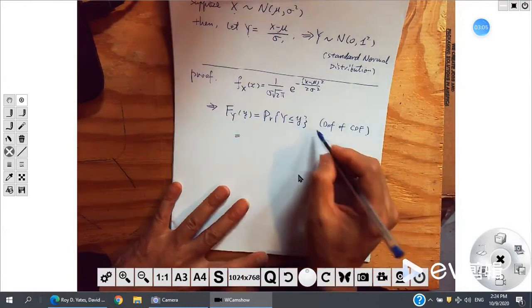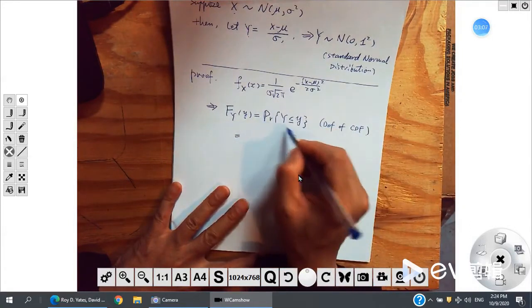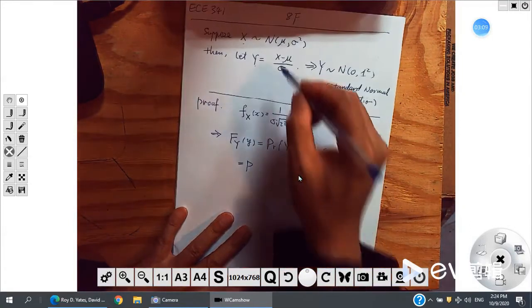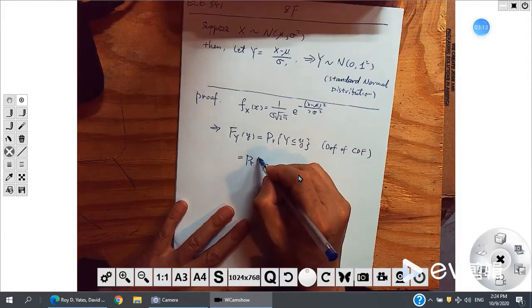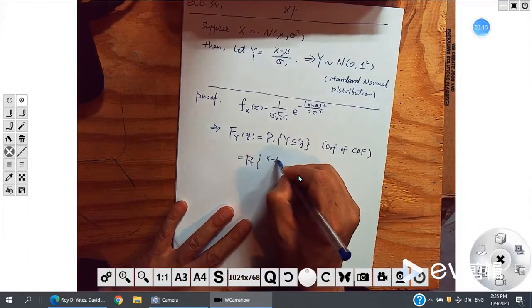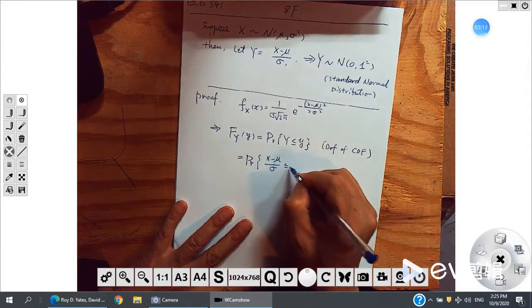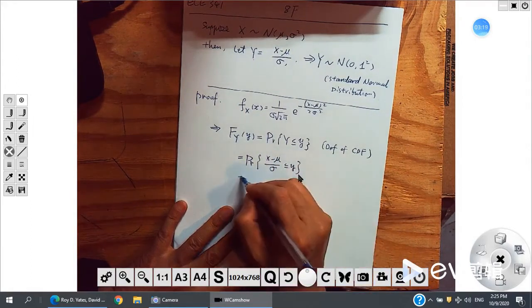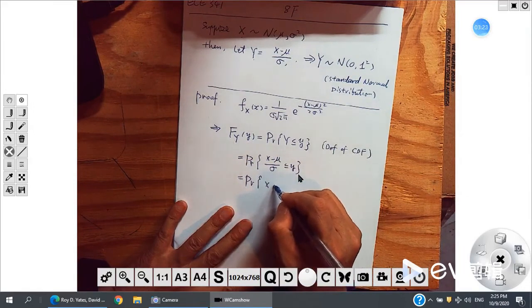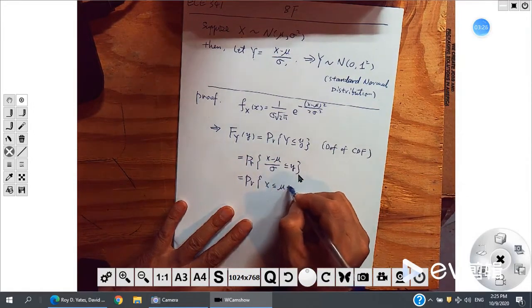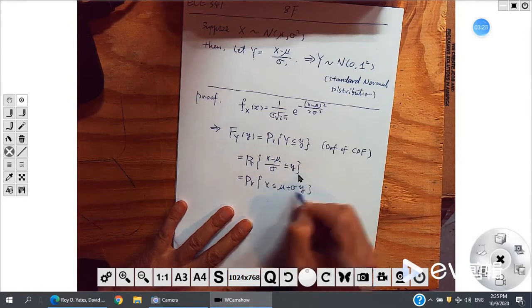Then we calculate this probability. But what we know is about X, right? So I rewrite this in terms of X. This will be (X minus mu) over sigma smaller than y. So this is the probability that X is smaller than mu plus sigma y, right?